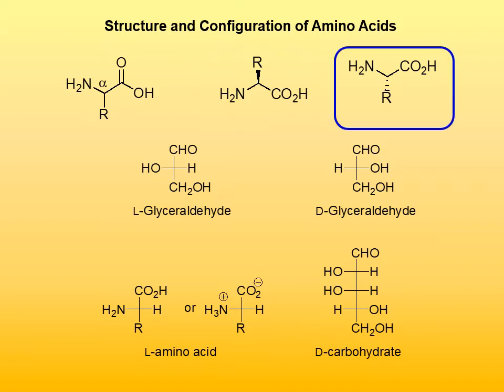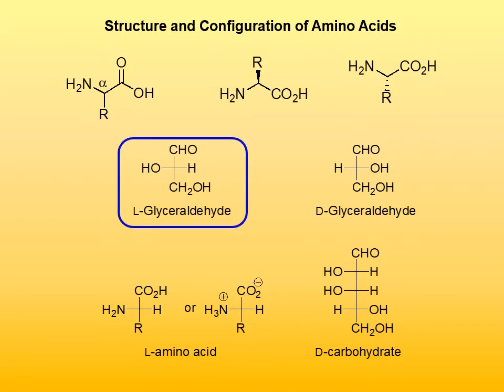Alternatively, if we draw this chain as pointing down, then the substituent R should point away from us, represented by a dashed bond. So it's very important to make sure that you represent the amino acid in the correct configuration, so the correct enantiomer. So these are naturally occurring amino acids. Those of opposite configuration, opposite enantiomers, are unnatural amino acids.